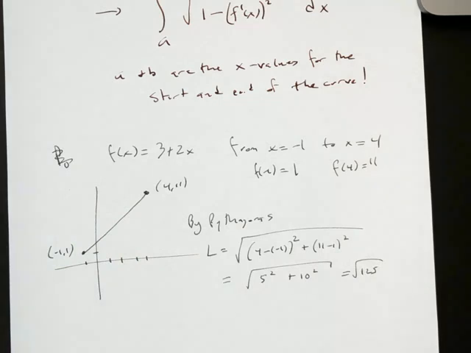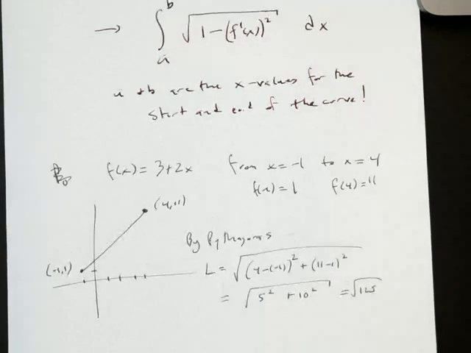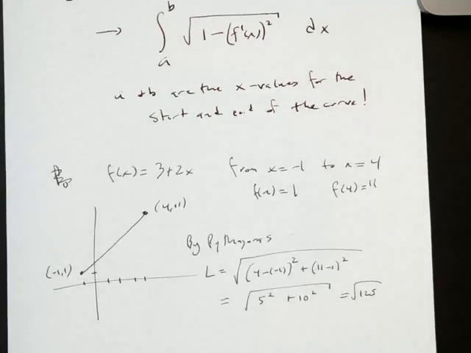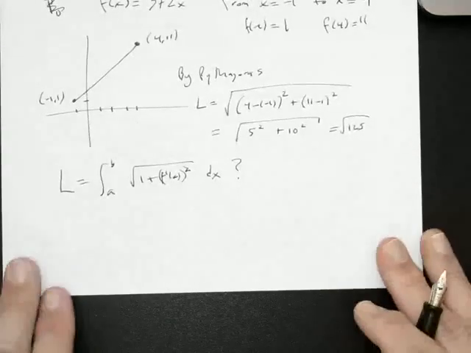Now let's try the integral version. This formula up here for the length of our curve should give me the exact same result. I've written down the formula again, so we have it in front of us.